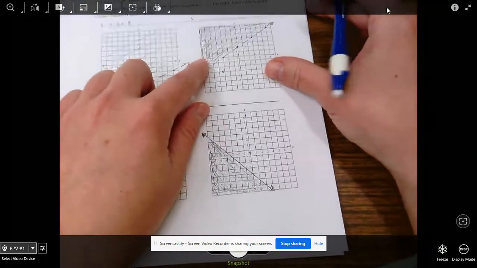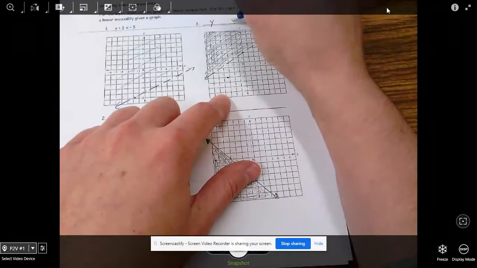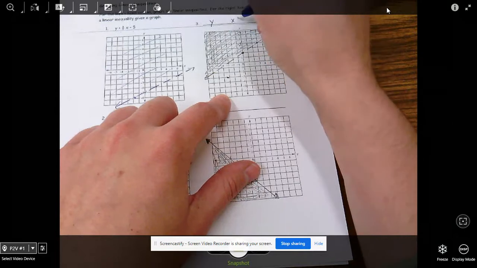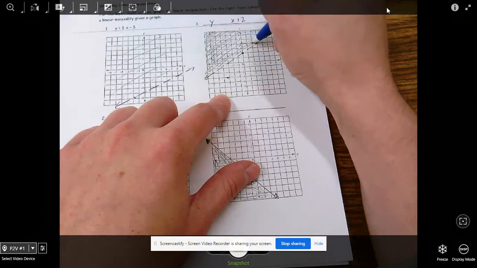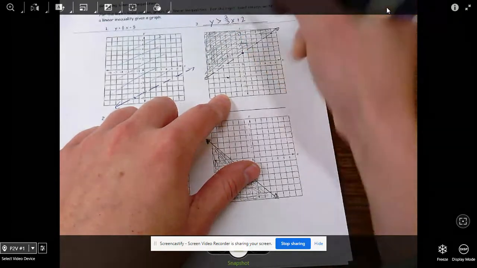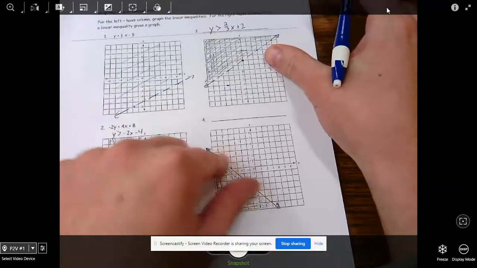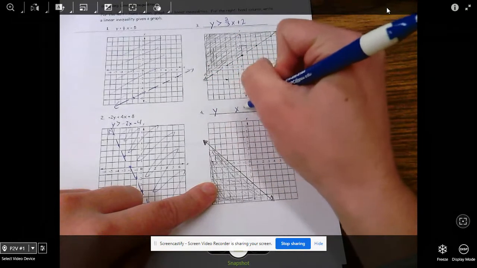Here, it asks you to write an equation. You know you're going to have y, something x, plus something. Well, what's that plus something? We're beginning at 2. You're going up 1, 2 over 1, 2, 3. Going up 2 over 3. We are greater than. We aren't equal to, so I don't have to write it. Here, it's going to be y, something x plus something.